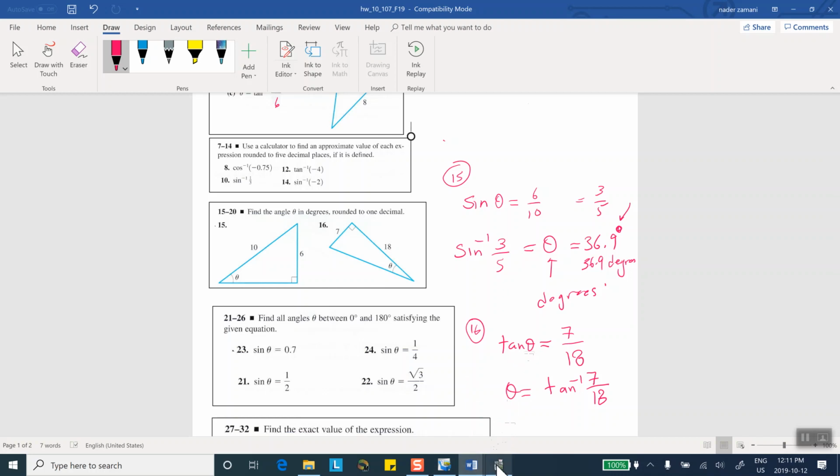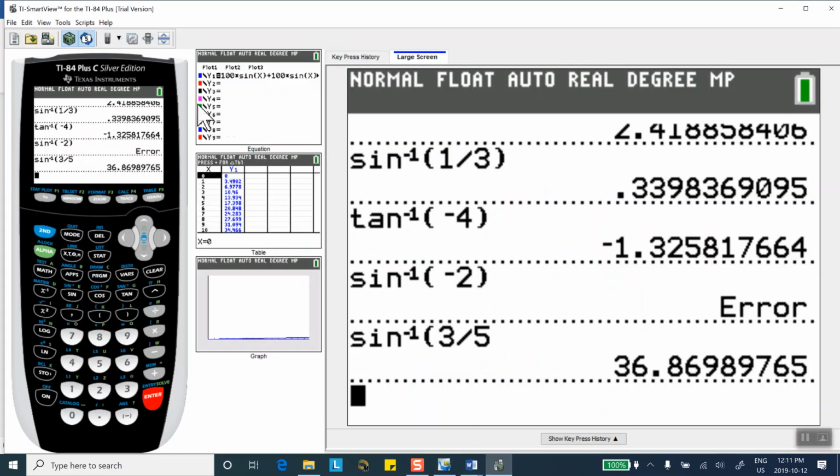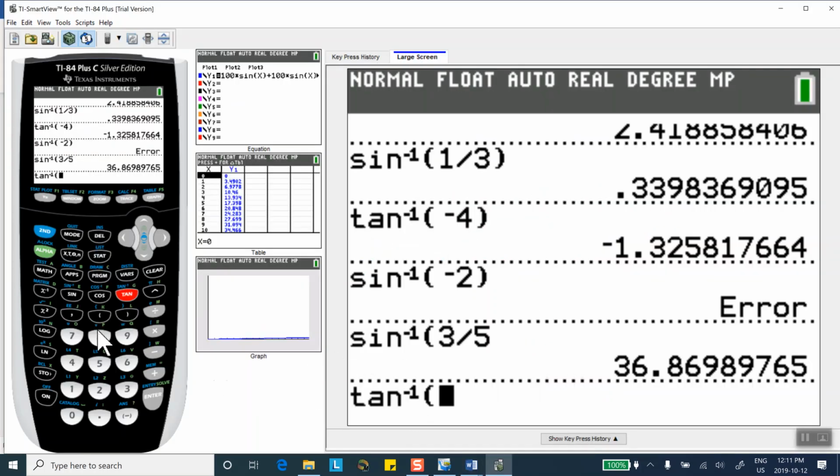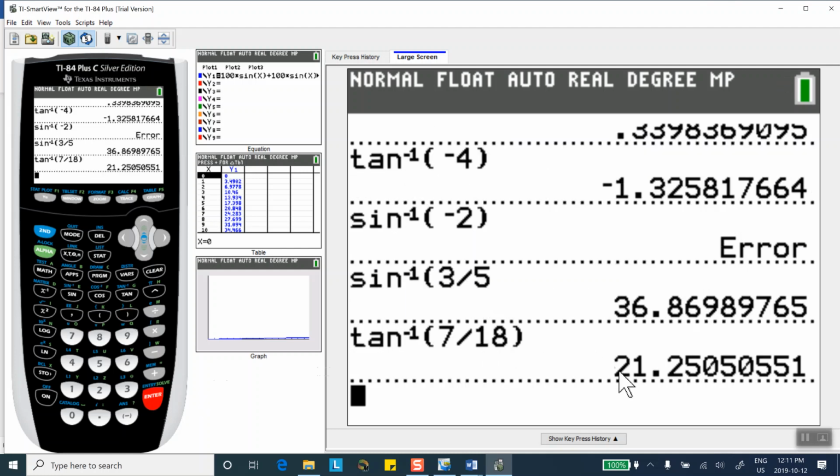So let's go ahead here. Second function, tan inverse, what was that, 7 over 18? 7 over 18. 7 divided by 18. And since our mode is in degrees, it's going to spit out degrees.